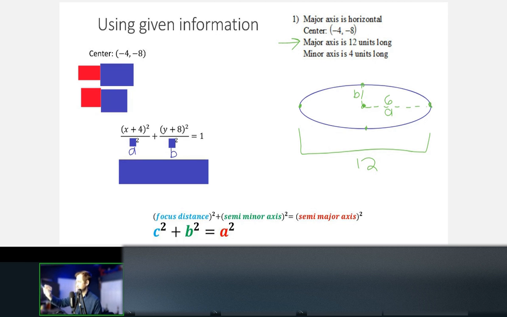And we know from what's given here that the minor length is 4 units. So that means half of 4. Some of you already said it, that the b value is going to be 2 because it's half of the length. So creating a little rough sketch like this and labeling stuff will help us possibly solve this. But we can see that the a value is 6 and the b value is 2.